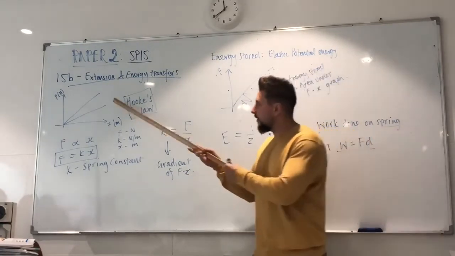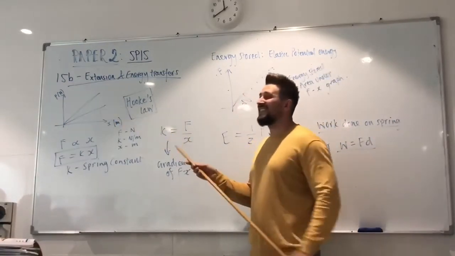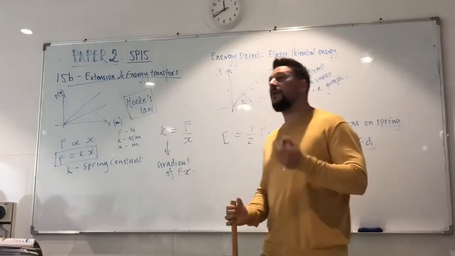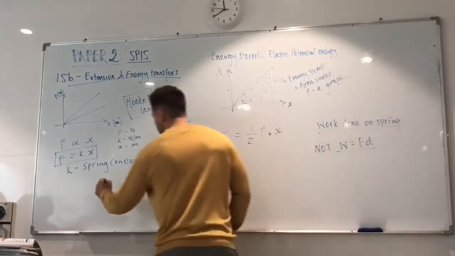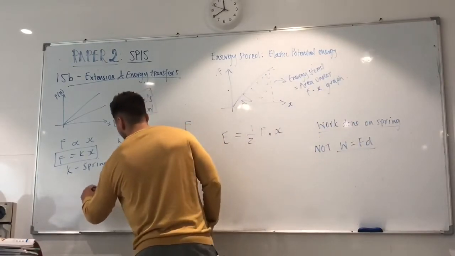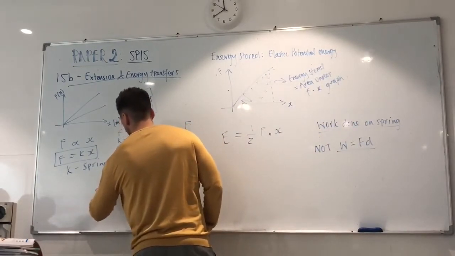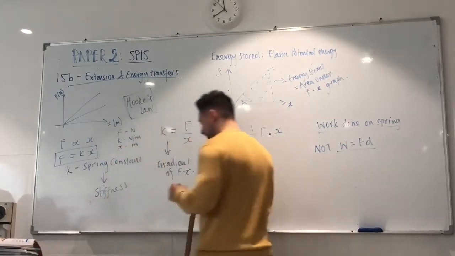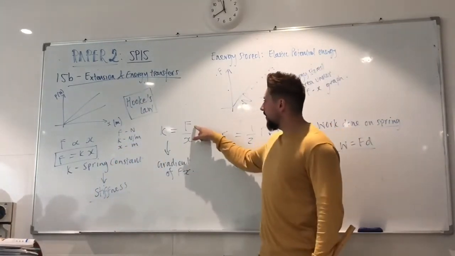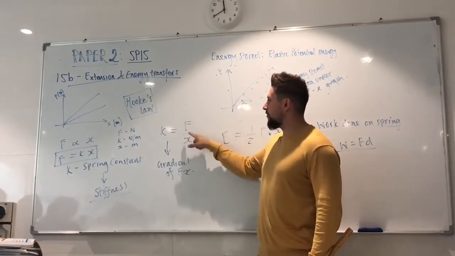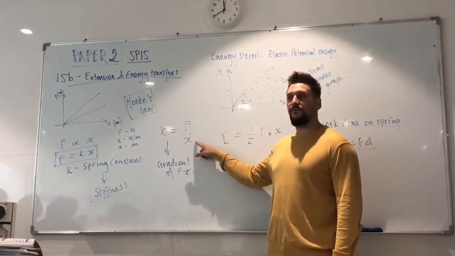Okay? This one is more shallow. It's not as steep. Its gradient is less. Its spring constant is lower. What that means is spring constant K is stiffness. Okay? If you have a large spring constant, that means it's going to require a large force for a specific extension.